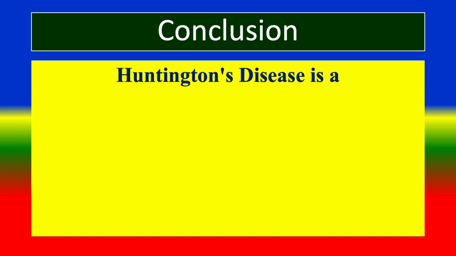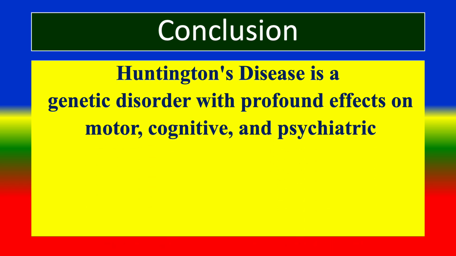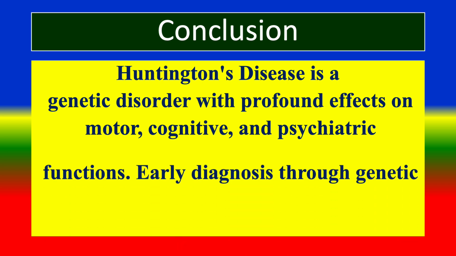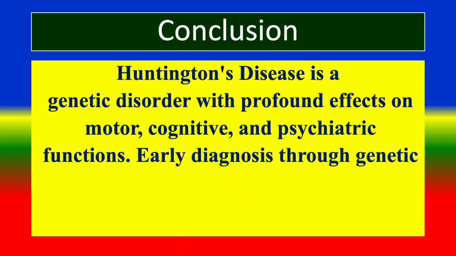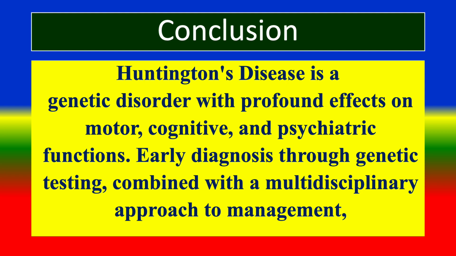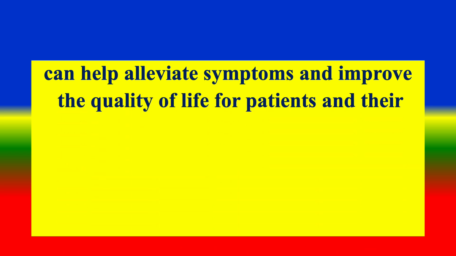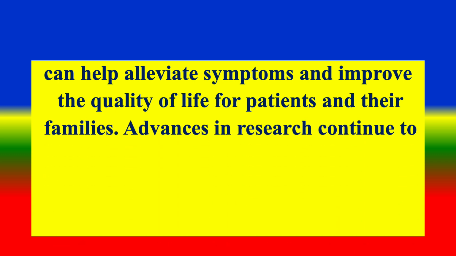In conclusion, Huntington's disease is a genetic disorder with profound effects on motor, cognitive and psychiatric functions. Early diagnosis through genetic testing combined with a multidisciplinary approach to management can help alleviate symptoms and improve quality of life for patients and their families.